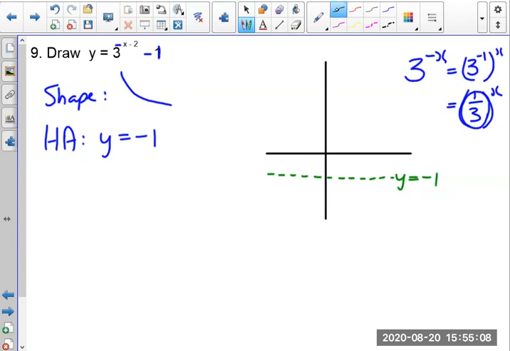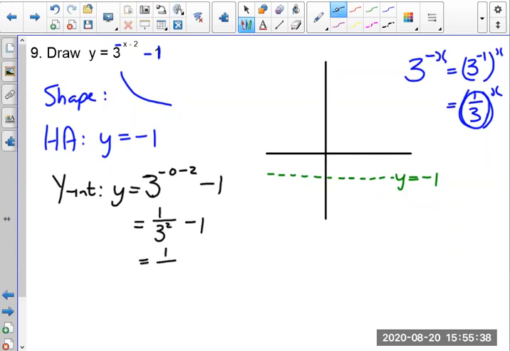Okay, now I want to calculate the y-intercept by making x 0. So I have 3 to the minus 2 here. What is 3 to the minus 2? 3 to the minus 2 is 1 over 3 to the positive 2, which gives me 1 over 9 minus 1.